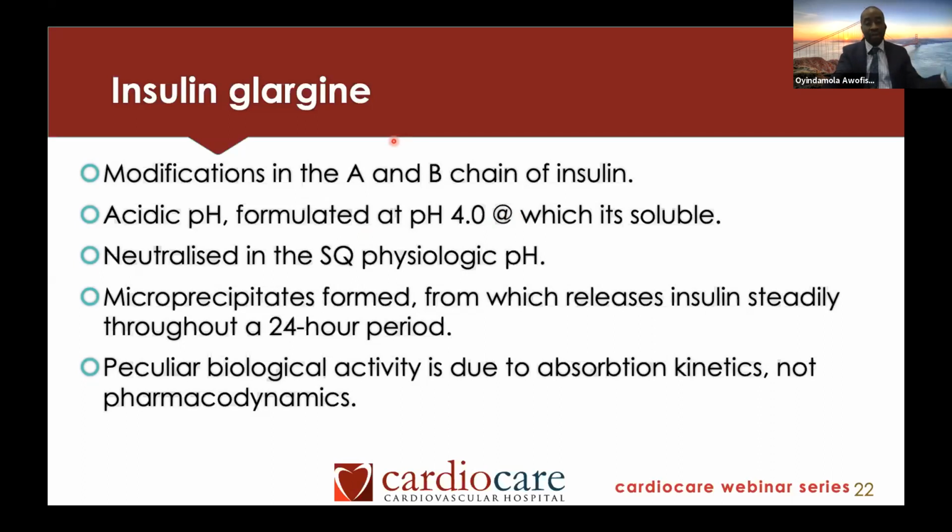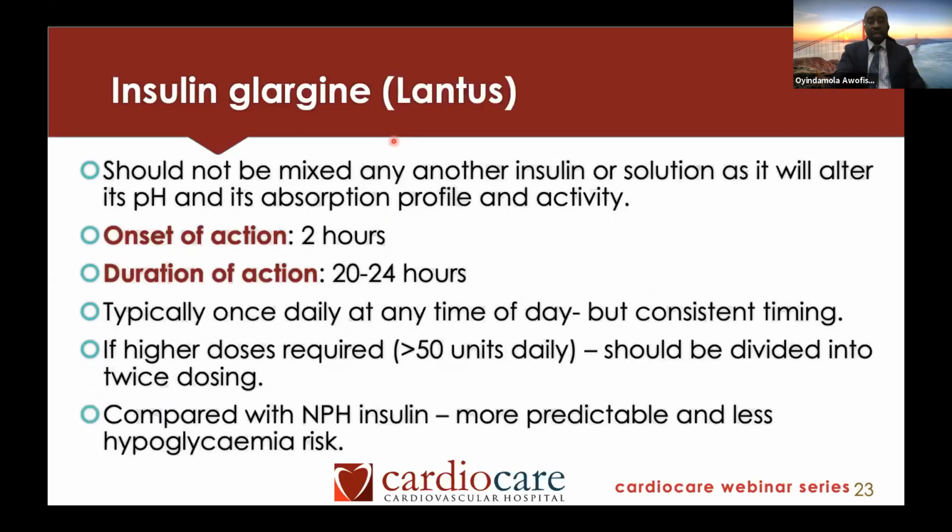It doesn't really have a peak, and when used at about the same time every day, a virtually constant level is maintained. Of course, it cannot be mixed with any other insulin, because the pH is quite acidic the way it is in the vial. If you mix it with another insulin, it distorts this pH and is likely going to precipitate when that pH is neutralized.